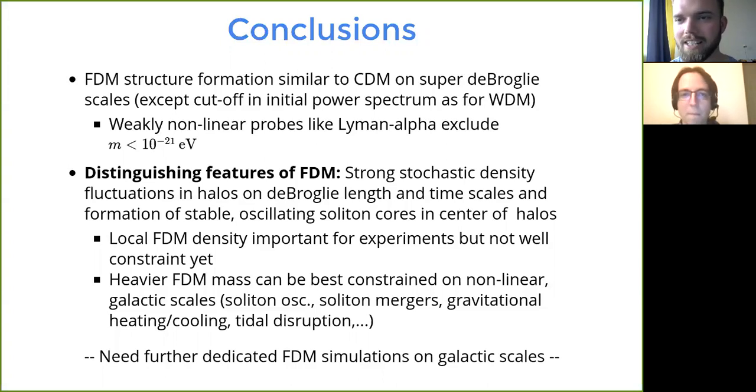Yeah, that's a very interesting point. We didn't investigate that yet, so I cannot say for sure, but it's definitely an interesting idea to explain why there's no stable soliton forming for these very low fractions.